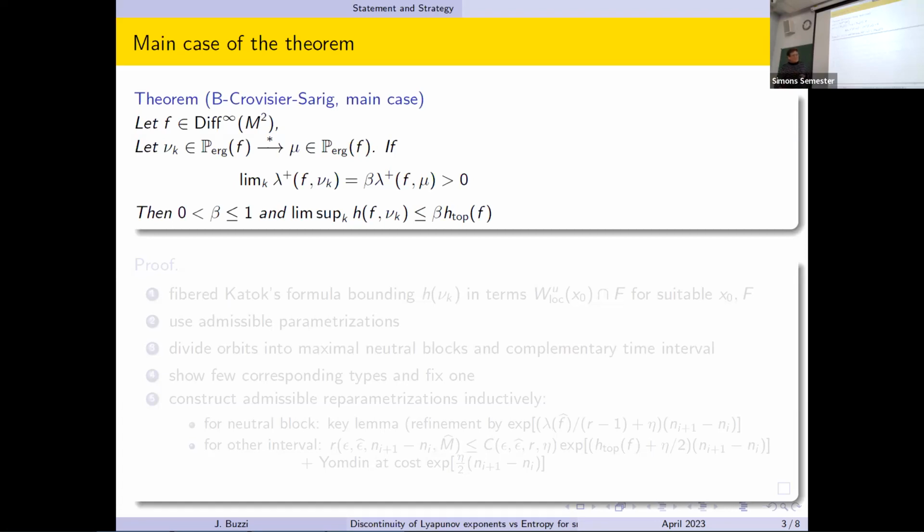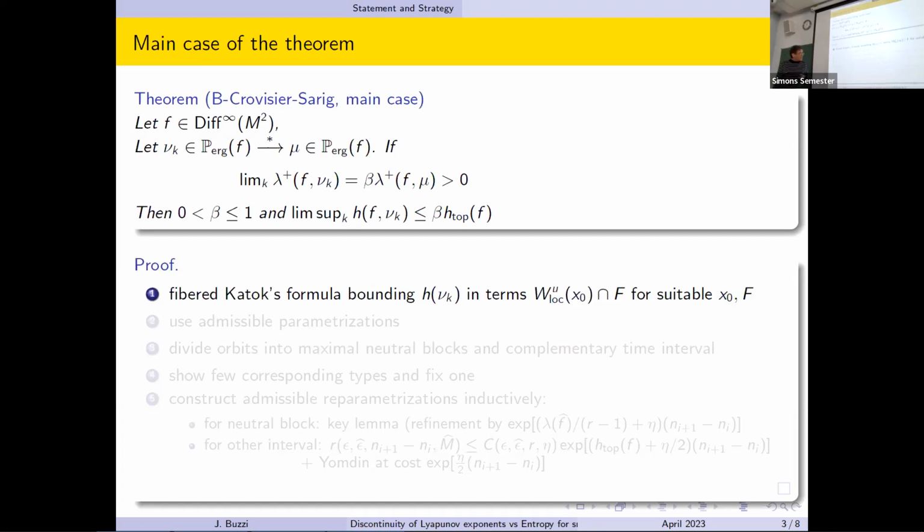If you didn't have continuity of the Lyapunov exponent along this sequence, you get nothing, but otherwise this means that beta is strictly less than 1, and thus you get a non-trivial upper bound on the entropy of the measures in the sequence. That's what we have been discussing.